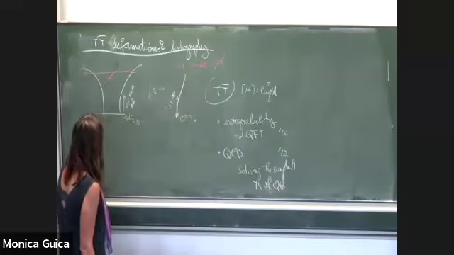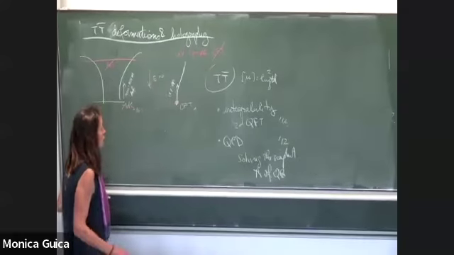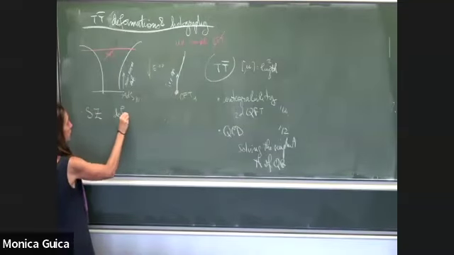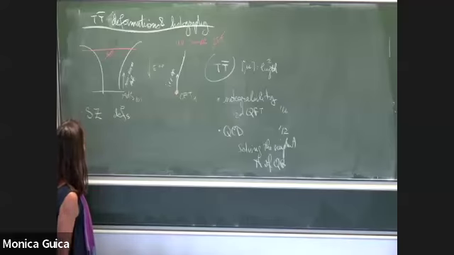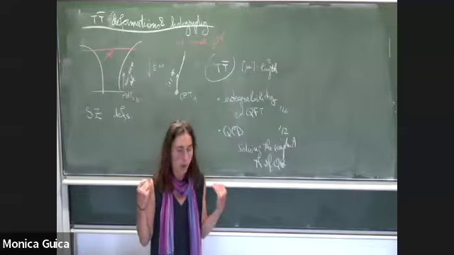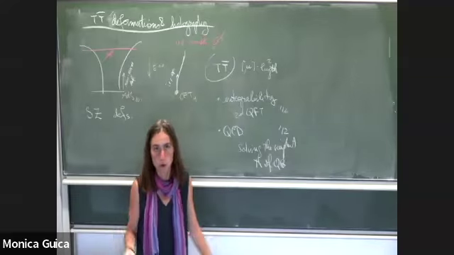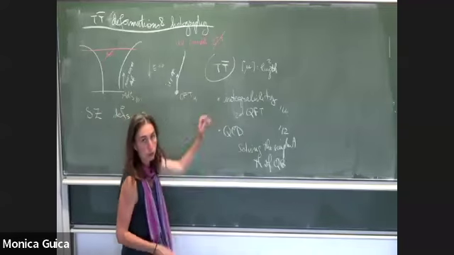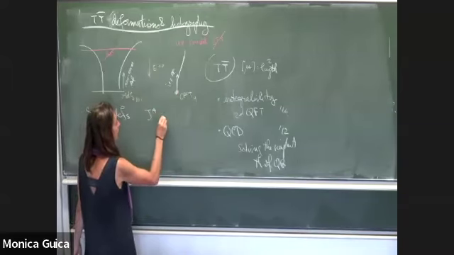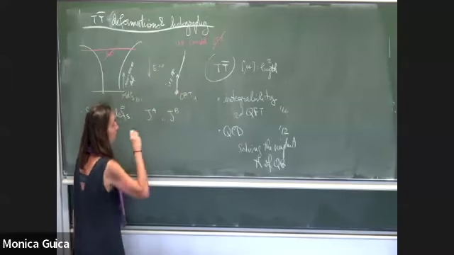Okay, so what is TTbar? Well, it's a special case of the so-called Smirnov-Zamolodchikov deformations. Basically, they say the following. Suppose you have a two-dimensional QFT, and you have two conserved currents, J_A and J_B.